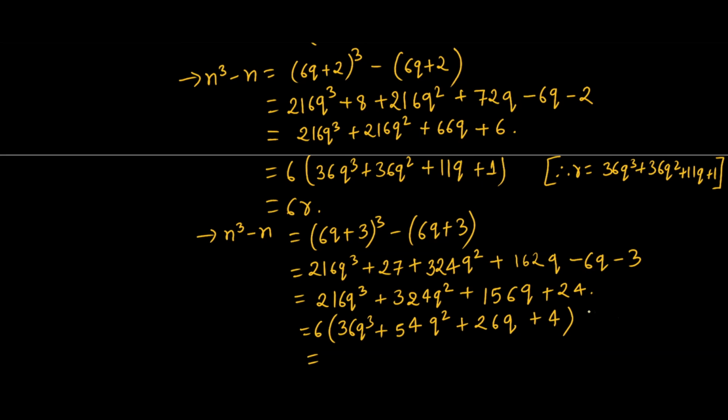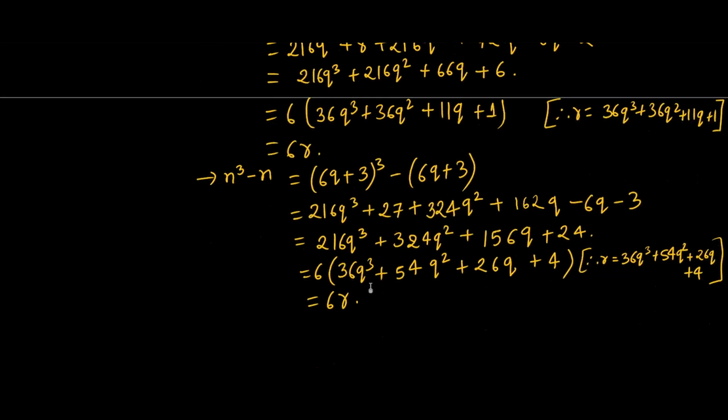So we can write here r is equals to 36 q cube plus 54 q square plus 26q plus 4. So we can write 6r. So moving towards next.